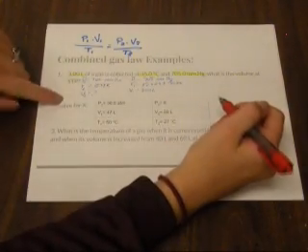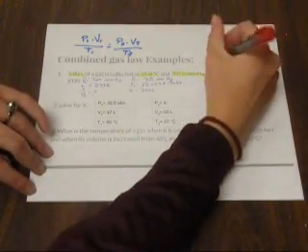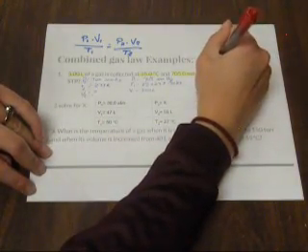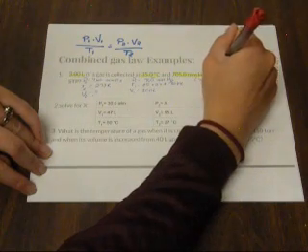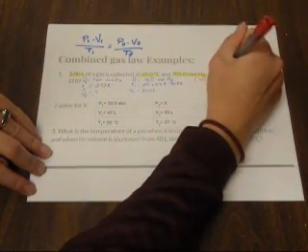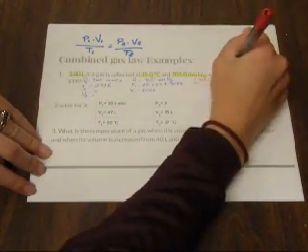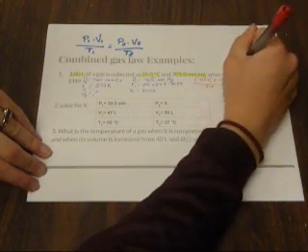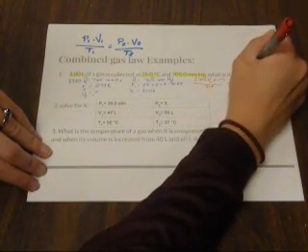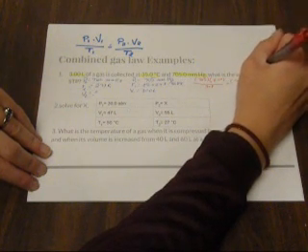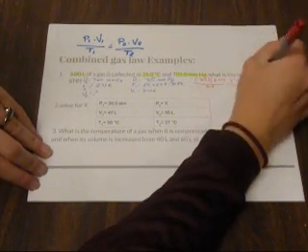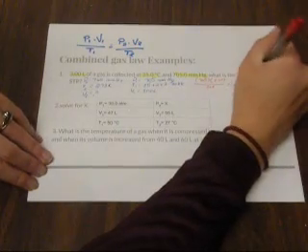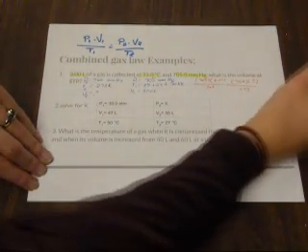Now we are going to plug this into our equation. So P1, 705, times our V1, which is 3.00, all over our T1, which is 308, equals P2, which is 760, times V2, which is question mark, all over T2, which is 273.